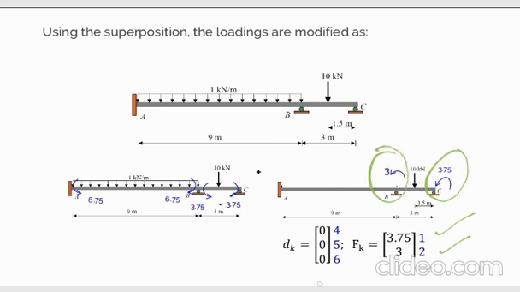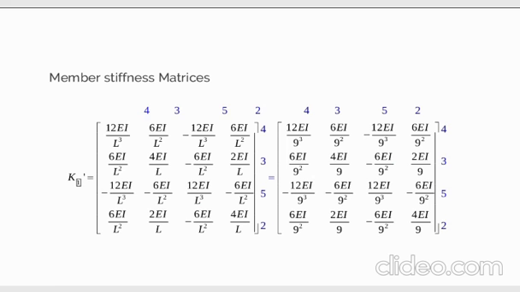And for the displacements, we have 4, 5, and 6. Then go and make your matrix.